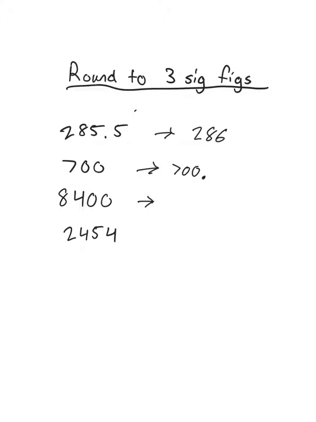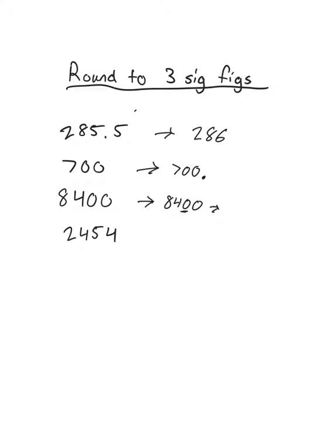Okay, so now let's do 8,400. Now this one is a little bit tougher because you can't just put a decimal point at the end, or else you'll have 4 sig figs. So there's 2 ways of doing this. One is 8,400 and put a dash right here to show that that 0 is significant.